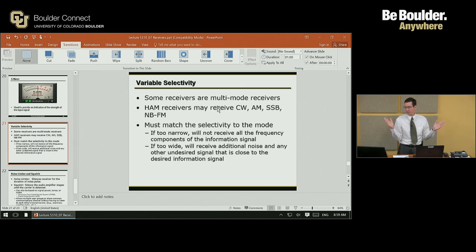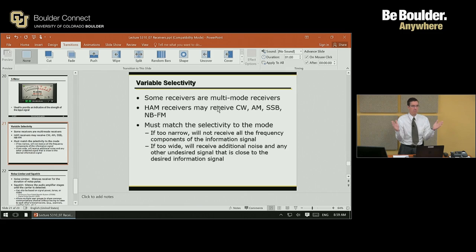So the message here is that you want to have the selectivity of your receiver match the kind of signal that you're trying to receive. If I'm trying to receive a CW signal, I want that receiver tuned to look at just a very narrow slice. If I want to receive AM, it's going to be wider.